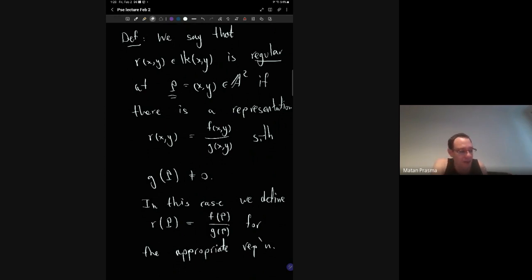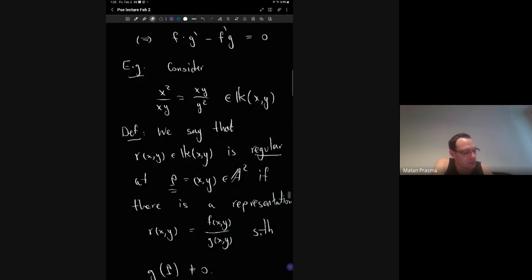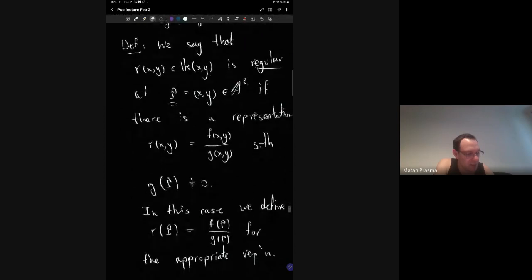So just like in this example here, I can always multiply by whatever I want, say y and so on. So what I'm looking for is rational functions that admit a representation that is defined at P. Okay?